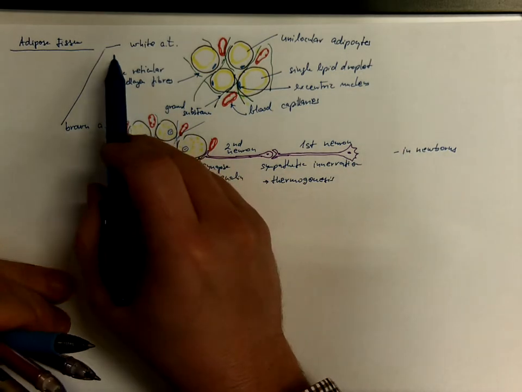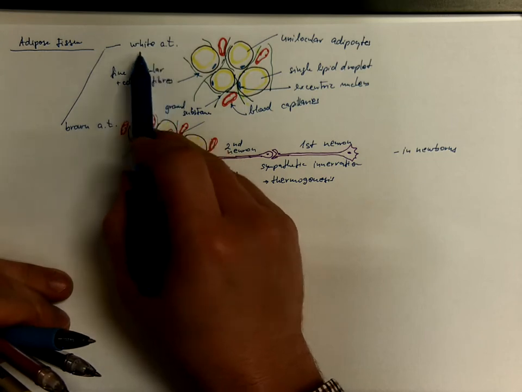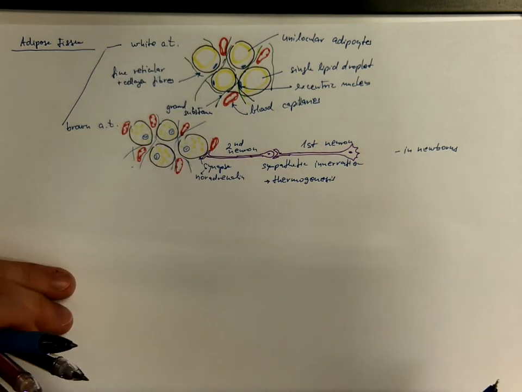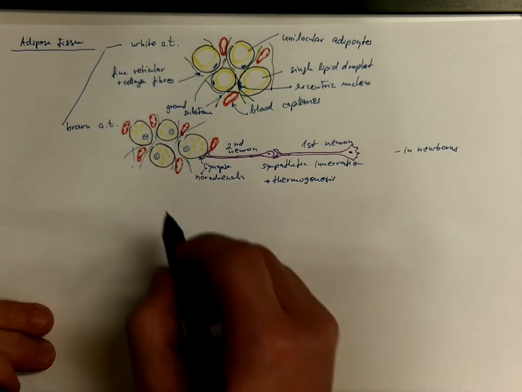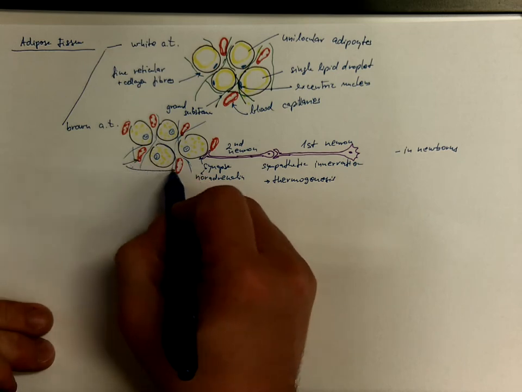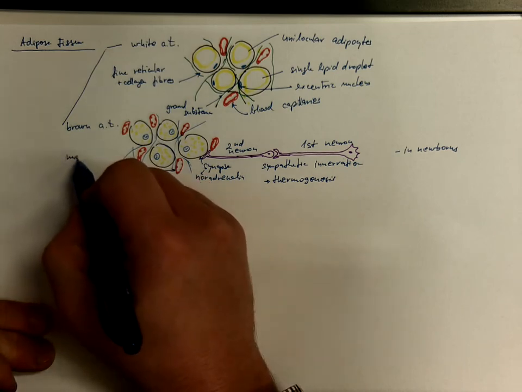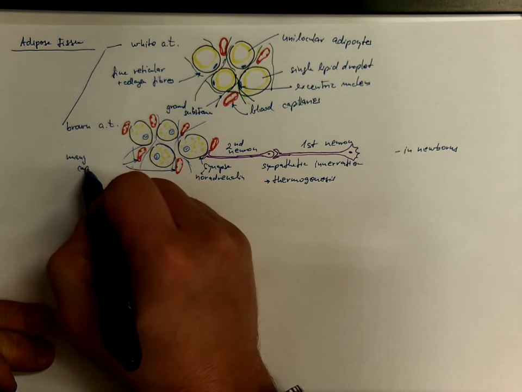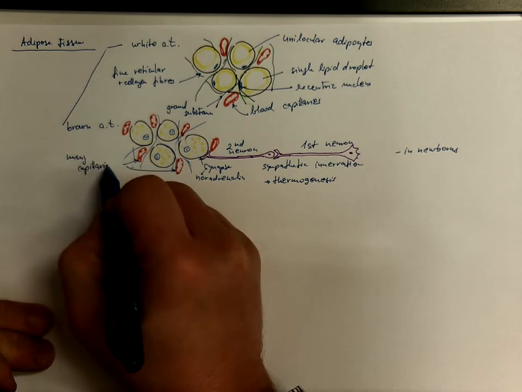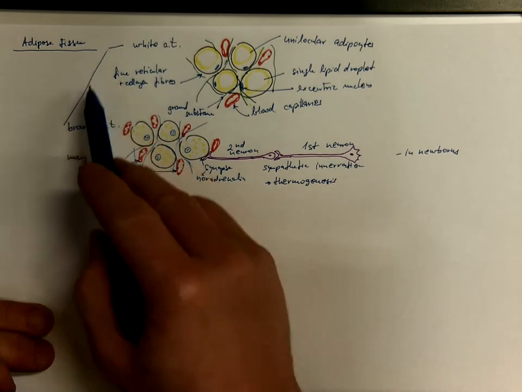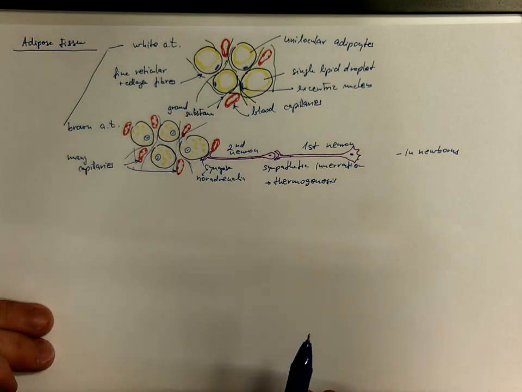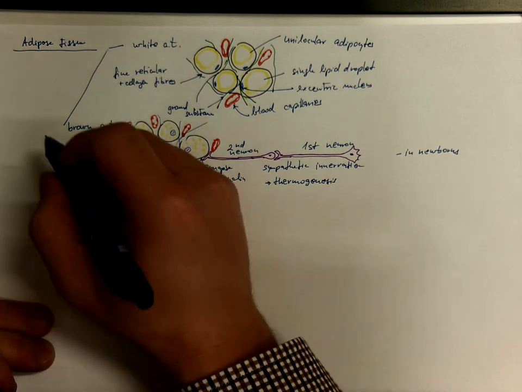Most of the body adipose tissue is made of the white adipose tissue. I would like to point out that there are really many capillaries here. Don't consider adipose tissue as only a reservoir of lipids. It's highly metabolically active tissue with many physiological functions.